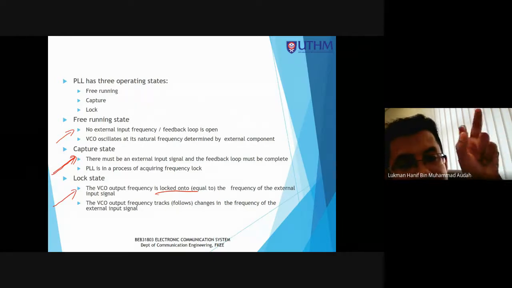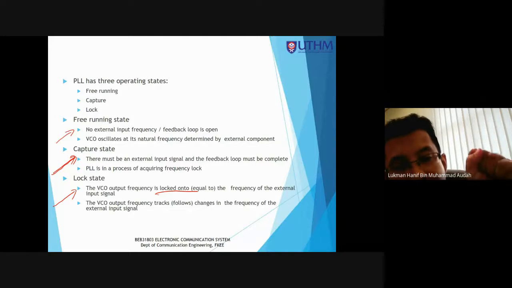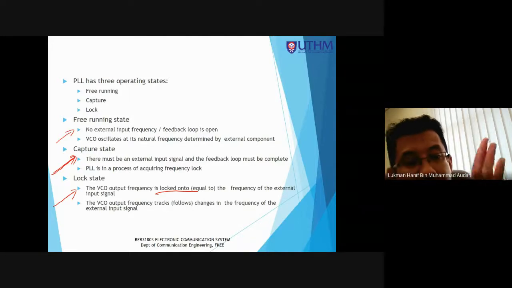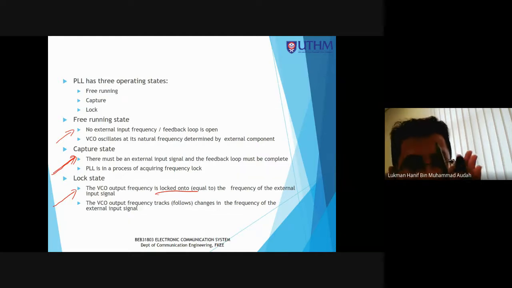So dia akan lock pada that frequency, and it will vary according to the changes. Dalam lock state bermakna input itu adalah frekuensi yang kita inginkan, maka daripada situ dia akan lock pada that center frequency, and it will keep on tracking the changes.